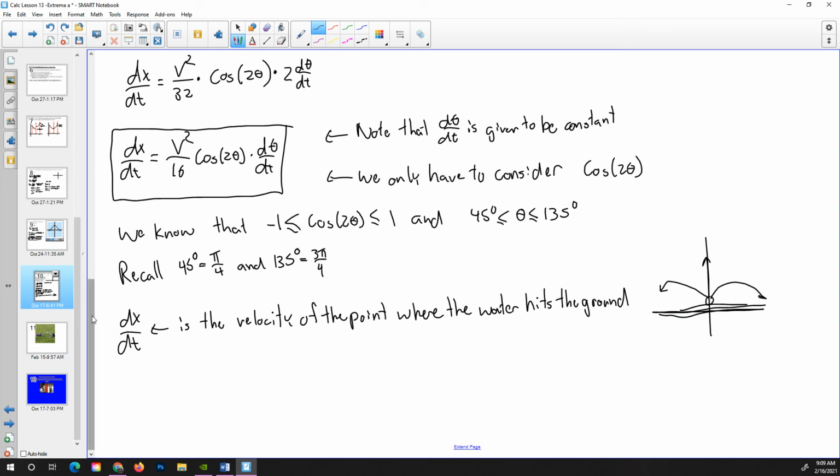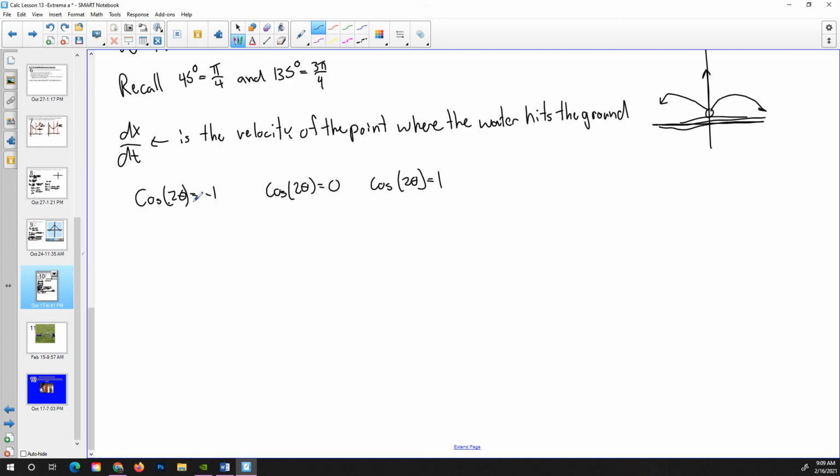All right. So our extreme possibilities for cosine are the cosine of 2 theta equaling -1, the cosine of 2 theta equaling 0, and the cosine of 2 theta equaling 1. All right, so cosine equals -1 when that value inside here, which in this case is 2 theta, is equal to pi.